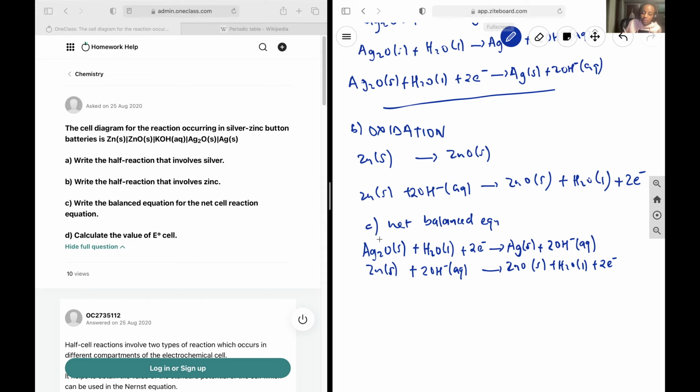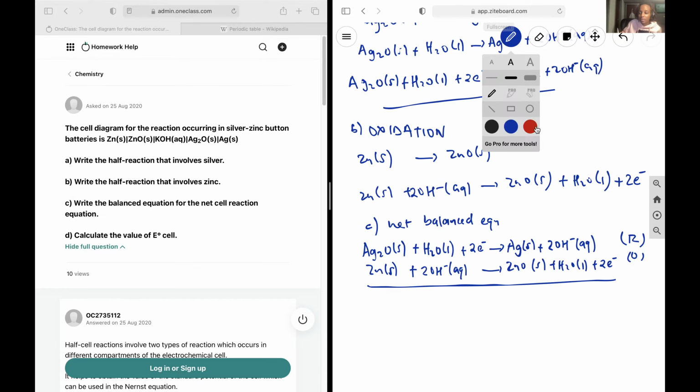Okay, and so this is our reduction half and our oxidation half. And so when we add them, we would like to cancel out any common factors. And so we have 2OH appearing on both sides, H2O appearing on both sides, 2 electrons appearing on both sides.